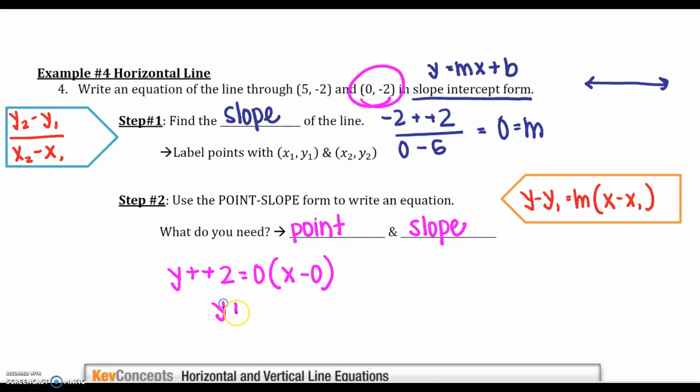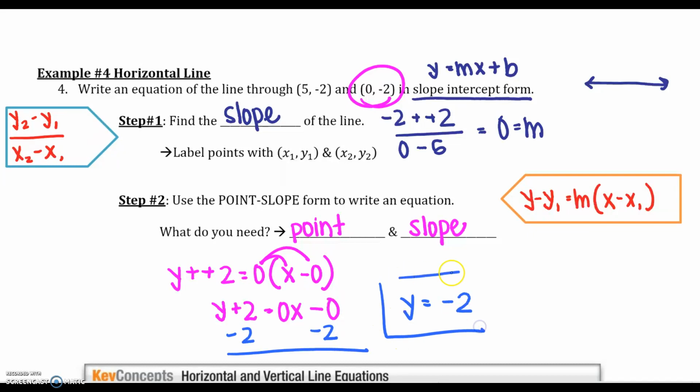So I get y plus 2 equals 0x plus 0 or minus 0, which all of that cancels. I'm going to subtract 2 from both sides. So I get y equals -2 as my equation. So again, if it is horizontal, it's going to be y equals a number.